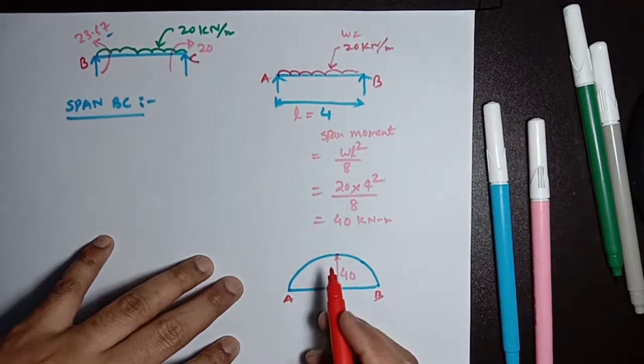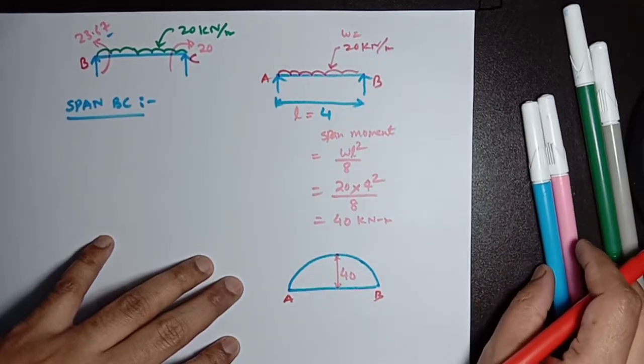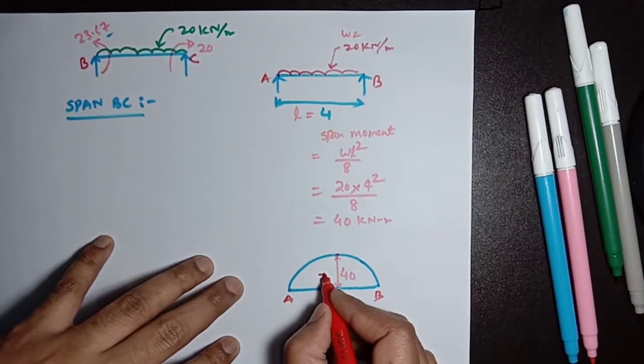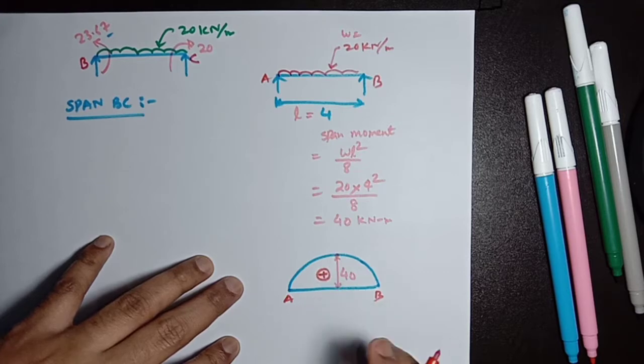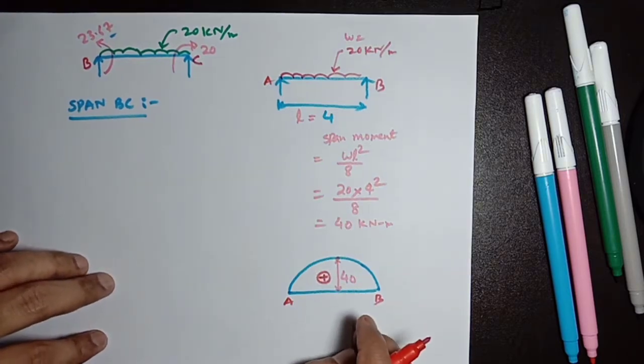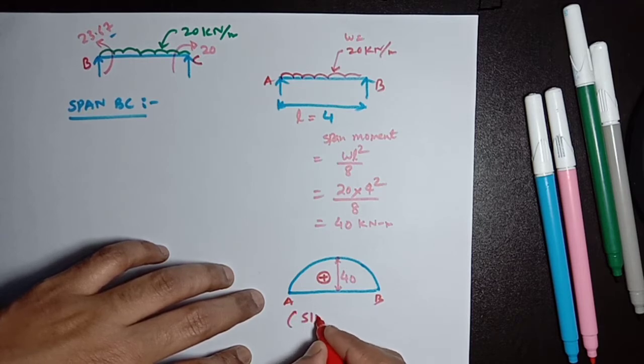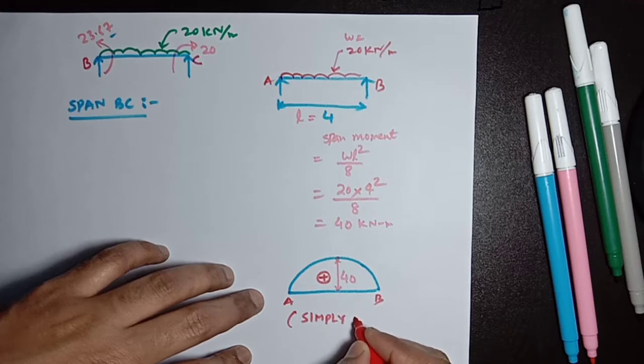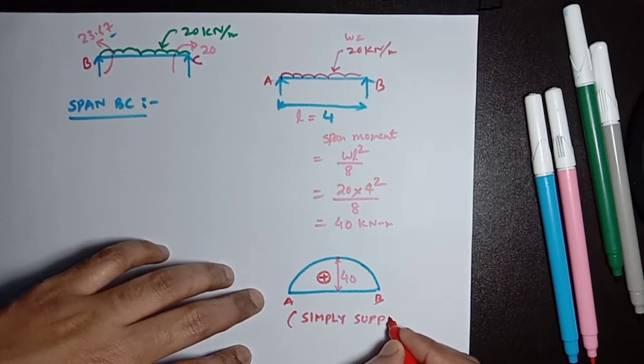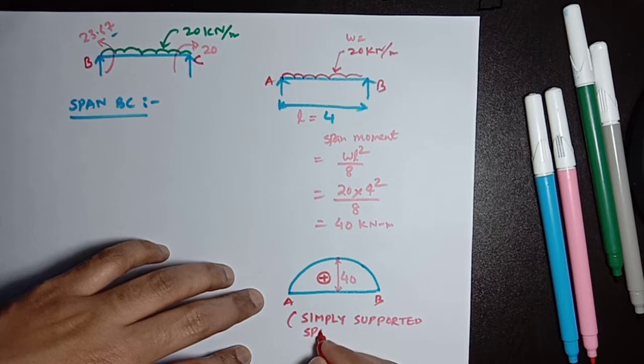As per our assumptions, sagging moment is positive, so this is the bending moment for the span. So we can say this is the simply supported span moment, not the final span moment.